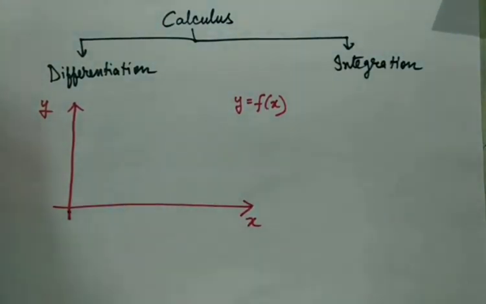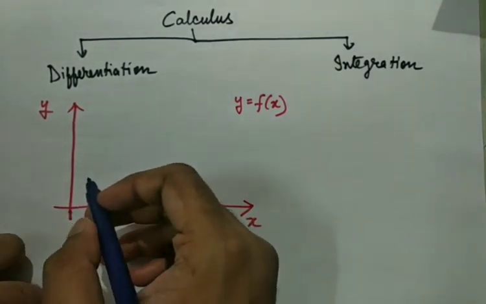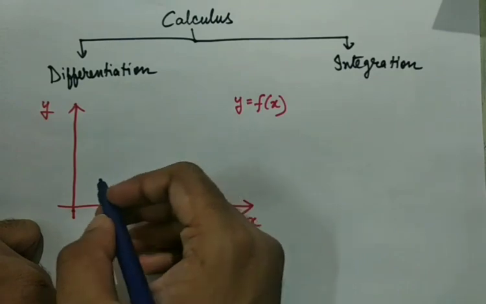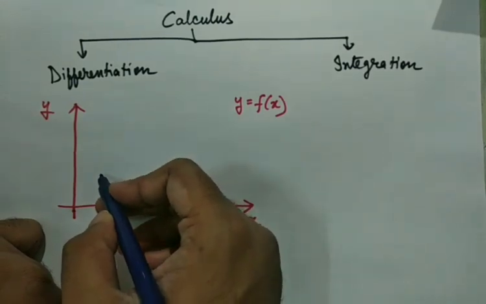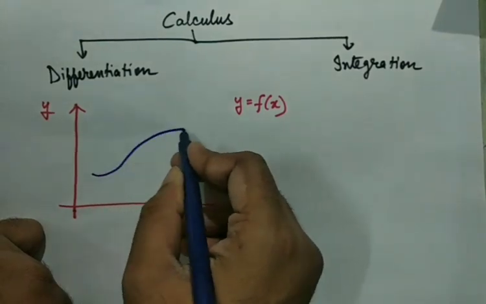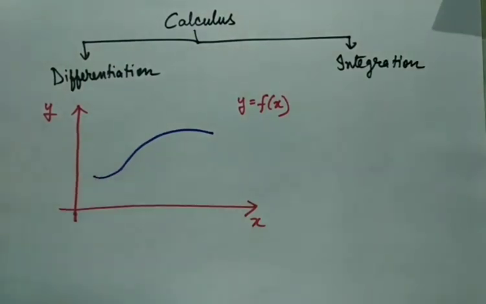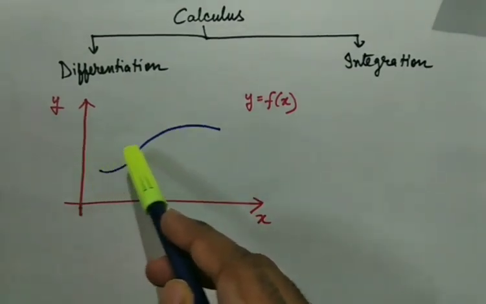Now let's suppose the curve that y varies with respect to x as such. Therefore, as x varies, y also varies.